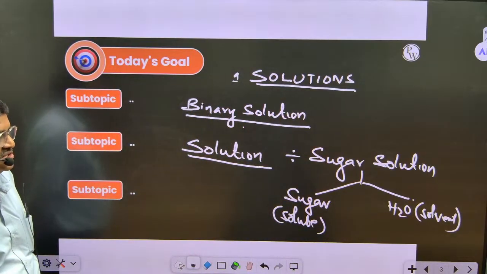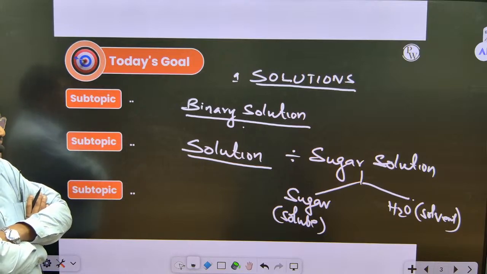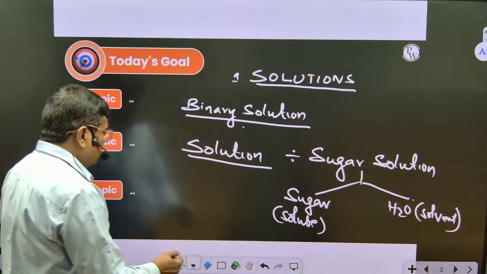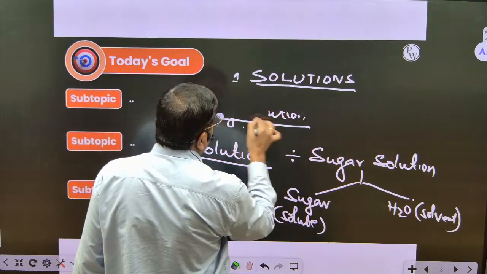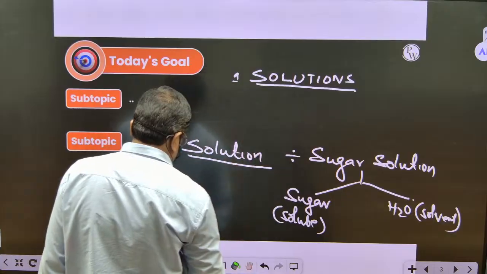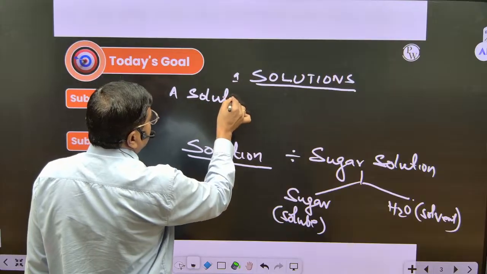So make a note. Write definition of solution. So I make a note here, copy it. So what is the definition of solution? A solution is a homogeneous mixture.